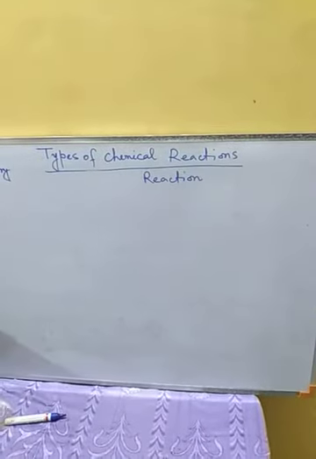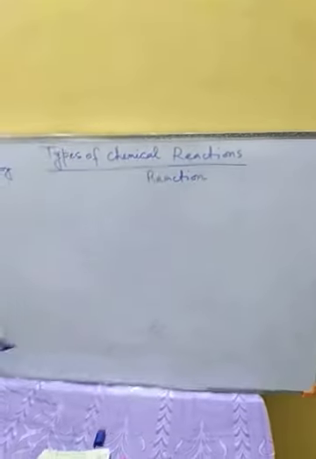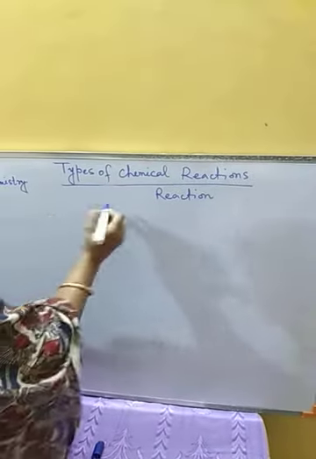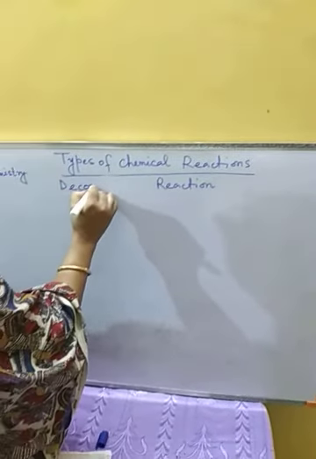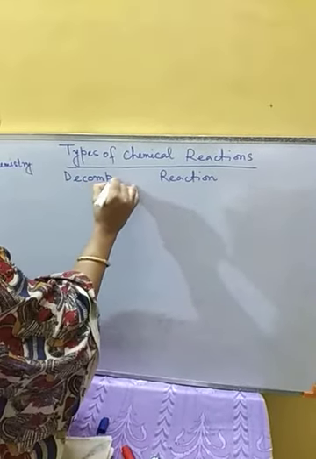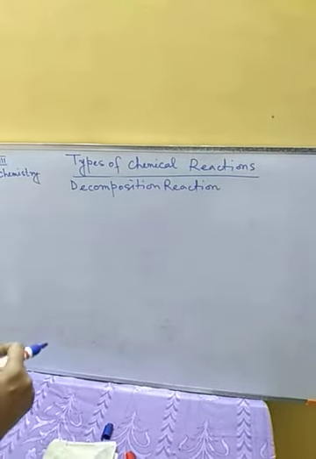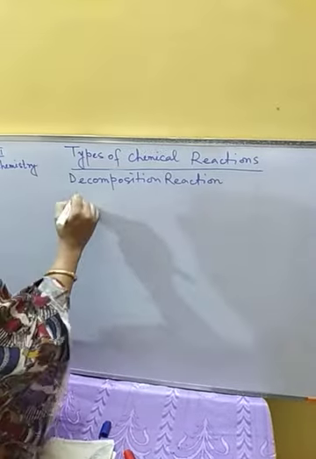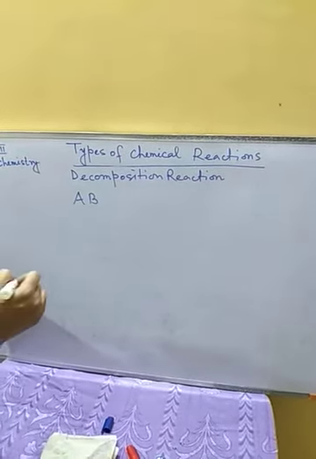It may be elements, it may be compounds, or it may be both. So here AB is the substance, this is the compound.